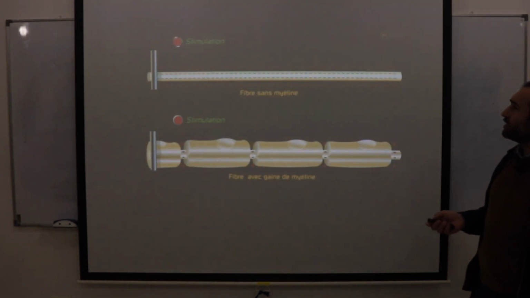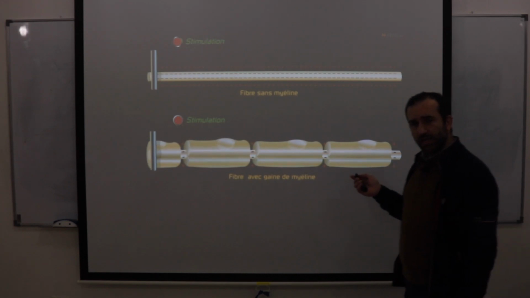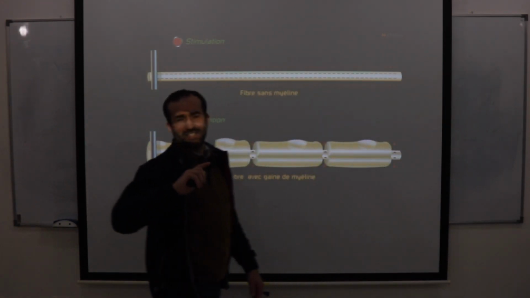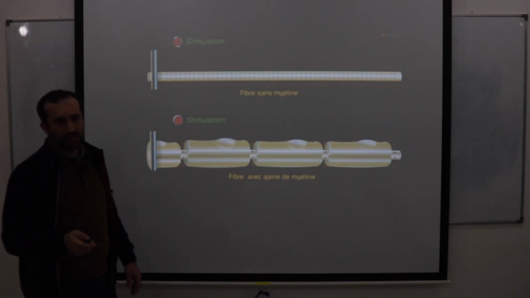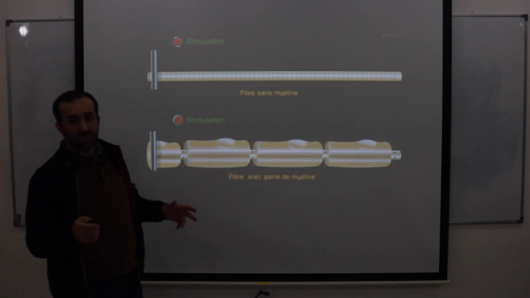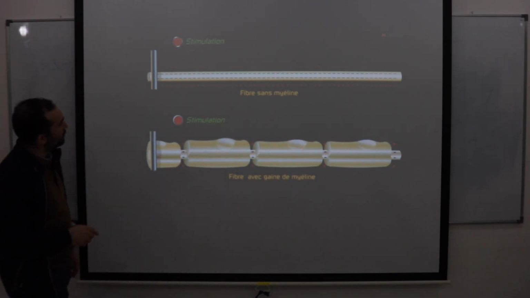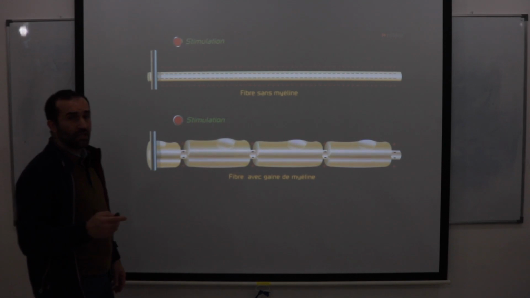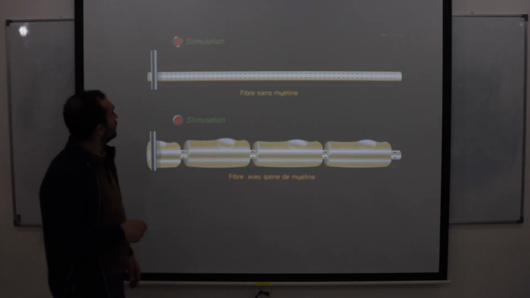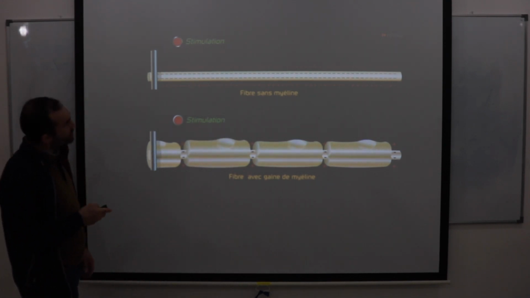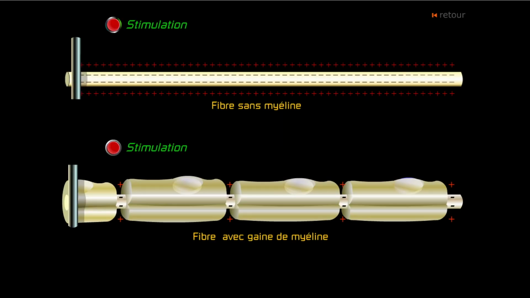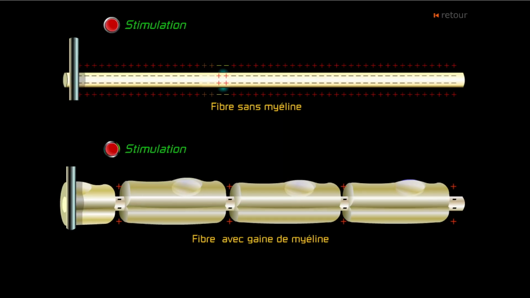The propagation in the myelinated fibers is faster than propagation in the non-myelinated fiber. This is what we have seen. Why? When the propagation is done, the charges are inverted.